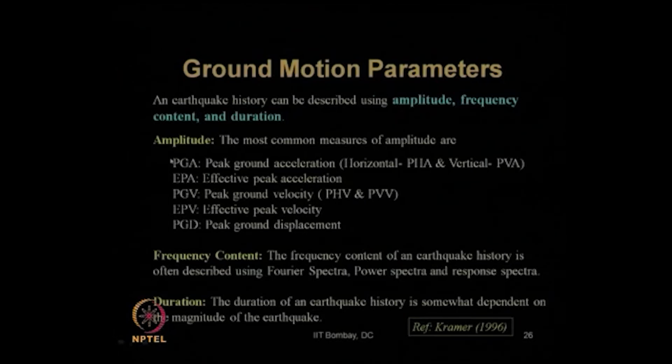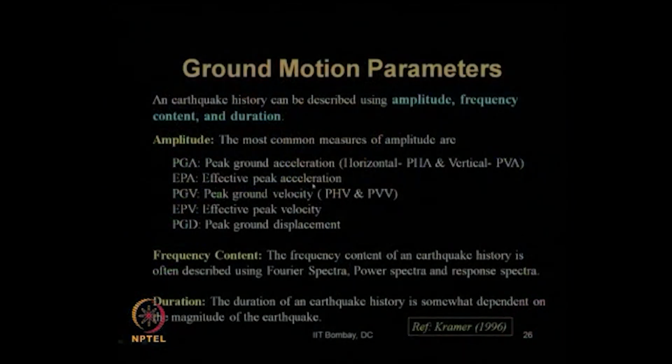It may occur just for a fraction of a second and may not be that important, but whatever lasts for a couple of seconds or a sufficient duration can be an effective acceleration acting on your structure. So, effective peak acceleration is another important parameter which engineers should consider for their design, as we can see on this slide.